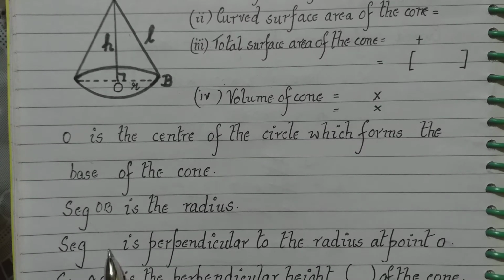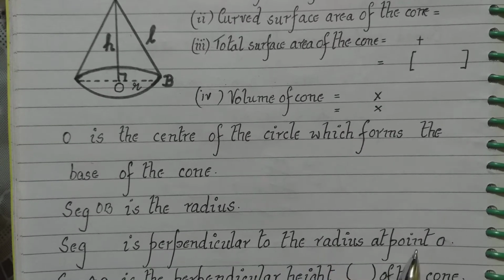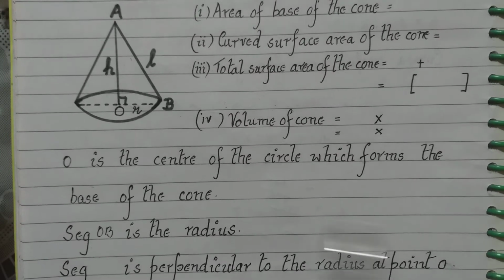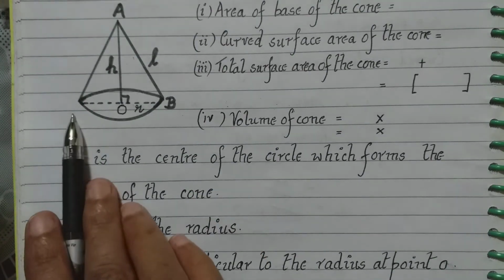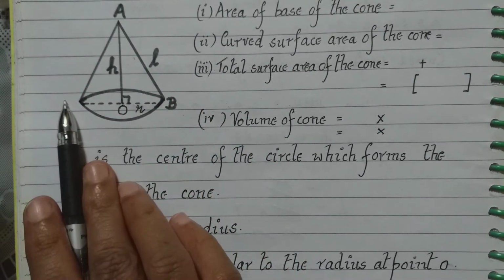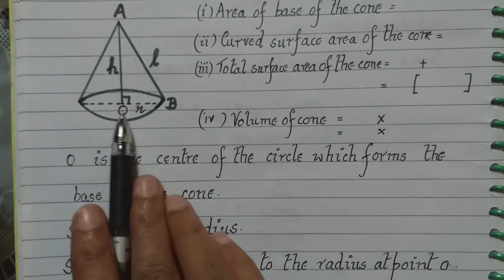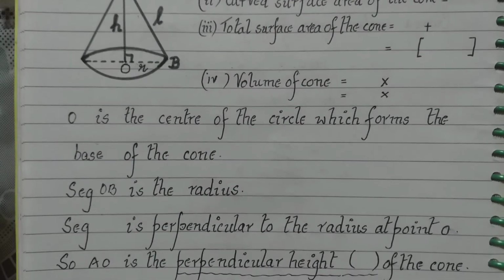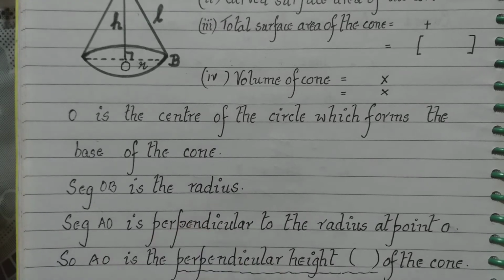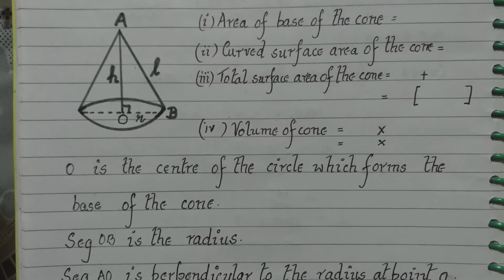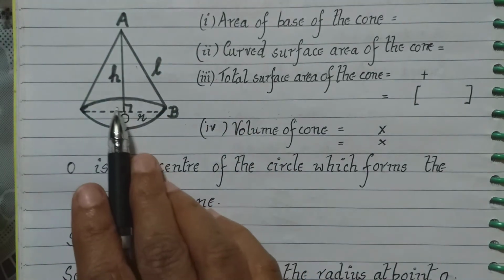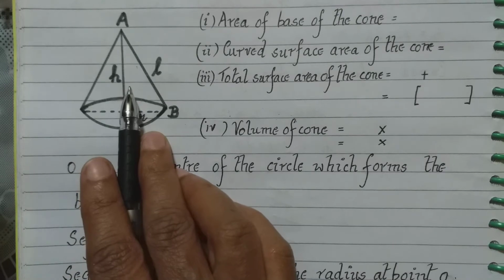Further, segment AO is perpendicular to the radius at point O. Look at the figure. This is perpendicular to the radius. So we can write here segment AO is perpendicular to the radius at point O. Therefore AO becomes the perpendicular height.